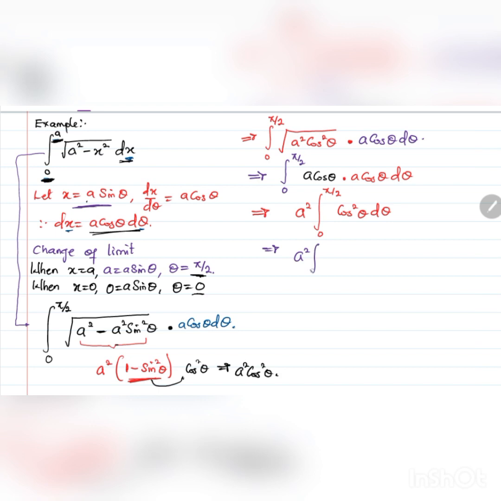a square integral from 0 to pi over 2. You know, from our standard techniques, the integral of cos square theta is the same thing as theta over 2 plus sine 2 theta over 2.